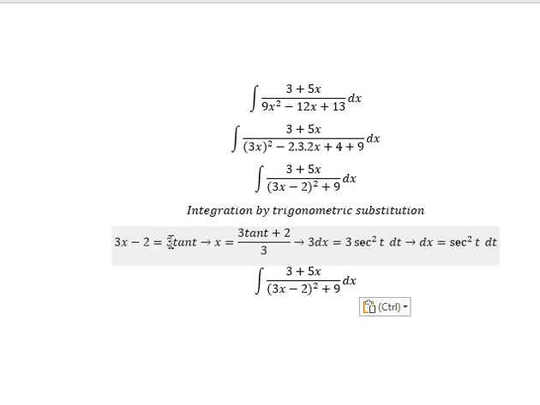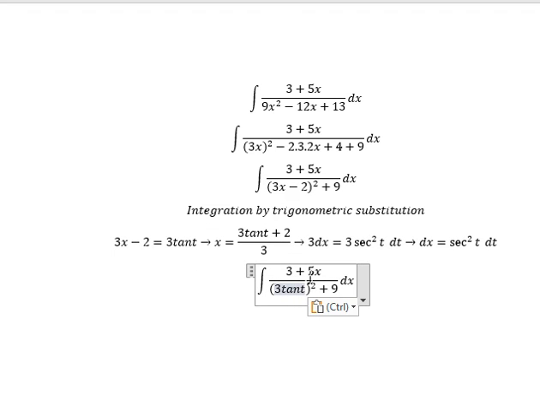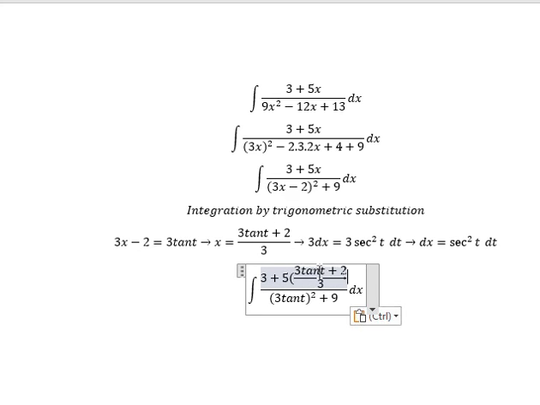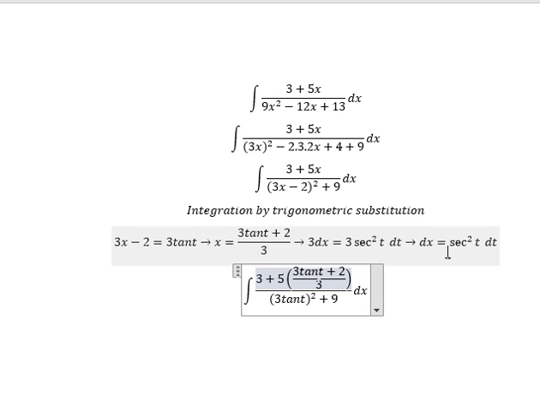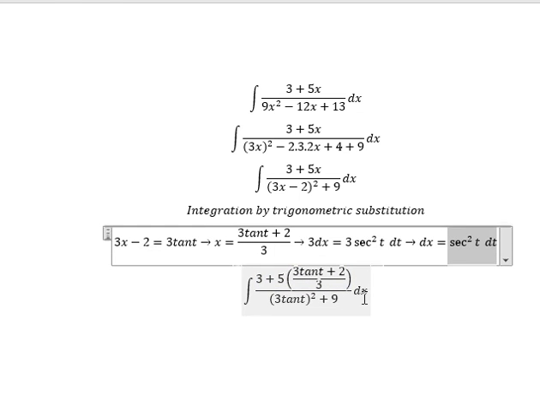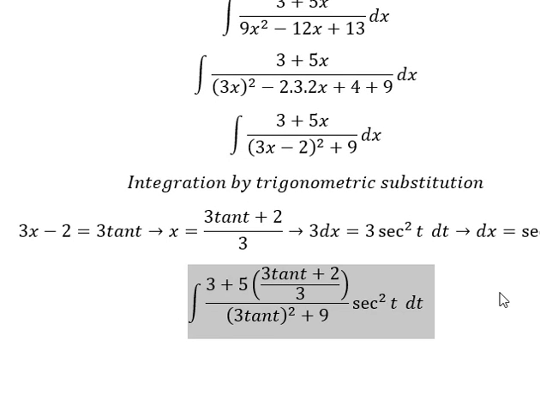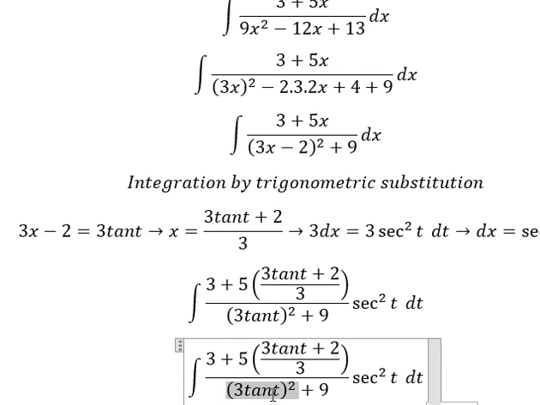So I will put this one in here. This one we change by this one. The other one we change by this one. This one we have 9 times t squared.